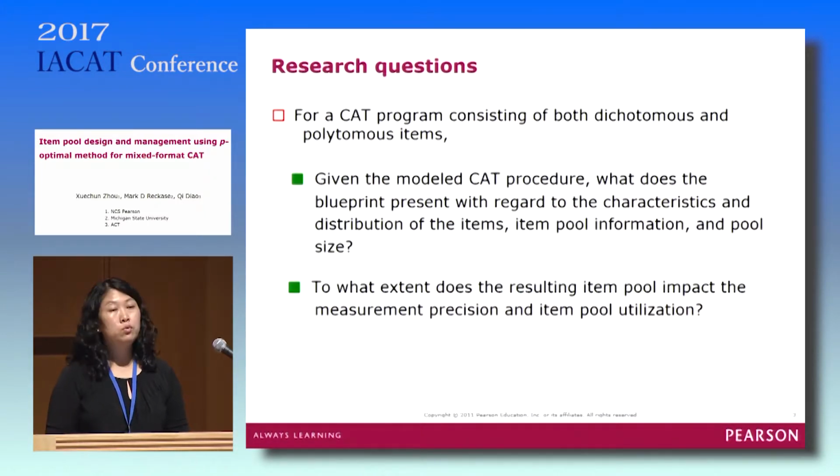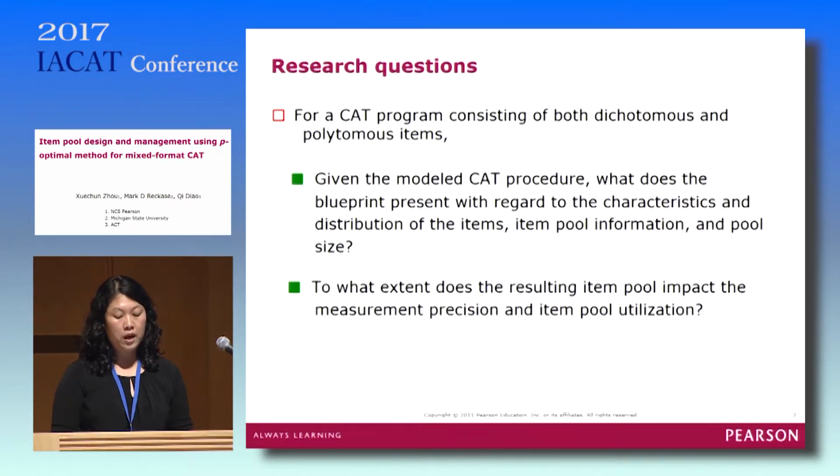There are two research questions. For a CAT program consisting of both dichotomous and polytomous items, given a modeled CAT, what does the blueprint represent with regard to the characteristics and distribution of the items, item pool information, and pool size?